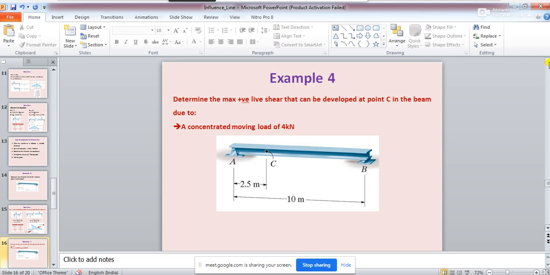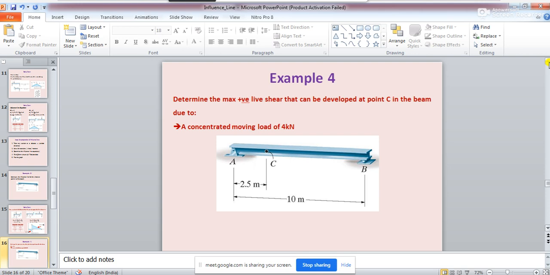We haven't discussed the deflection part, so it is not there in your syllabus as such. So we will just discuss three things: influence line diagram for reaction, which we have discussed; influence line diagram for shear force; and influence line diagram for bending moment. All three things for a simply supported beam we have discussed. Now a unit load is moving.